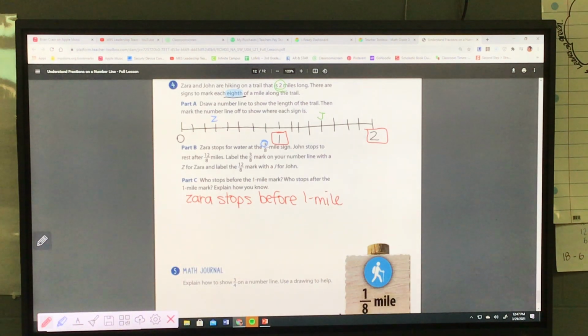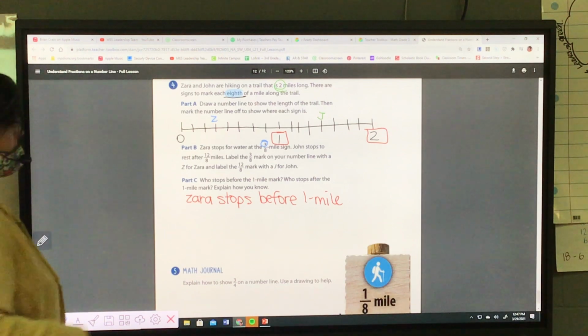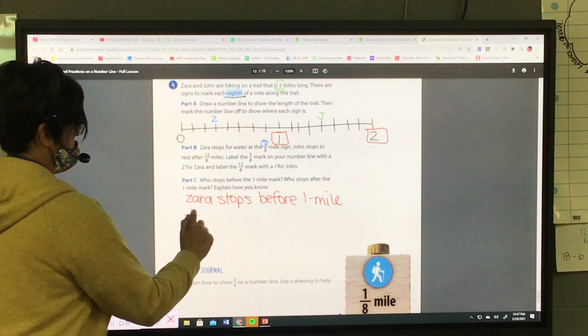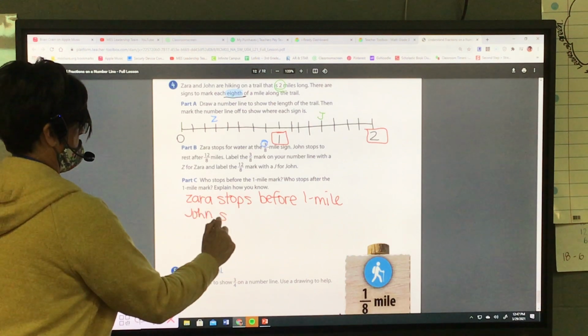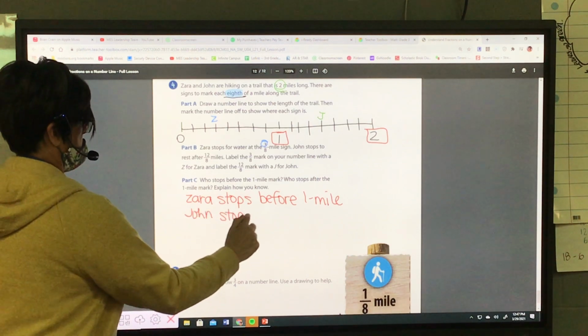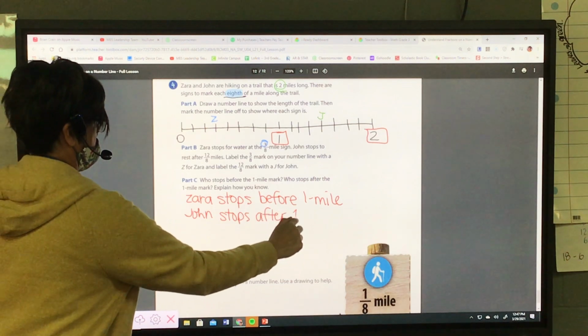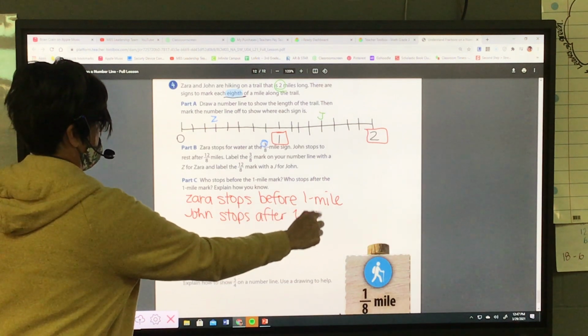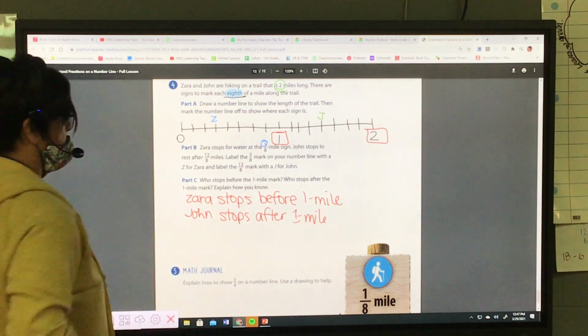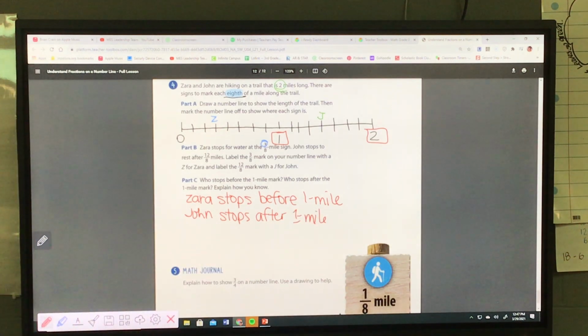And then who stops after the 1 mile mark? John. John stops after 1 mile.